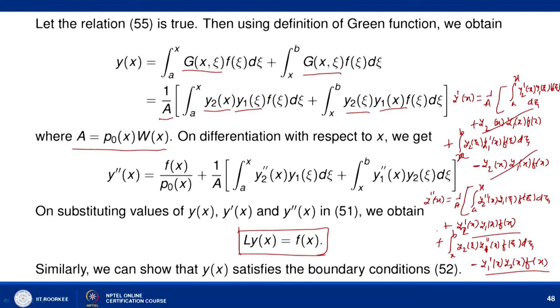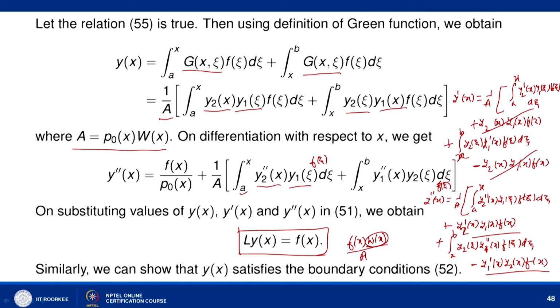So, if you write it, it is the integral from a to x of y2 double dash(x) y1(xi) f(xi) d xi plus the integral from x to b of y1 double dash(x) y2(xi) f(xi) d xi, plus f(x) times the Wronskian of y1 y2, and we already know this quantity is divided by a.